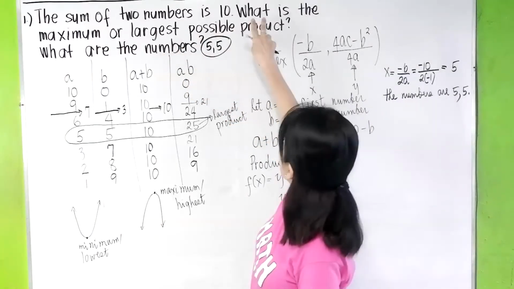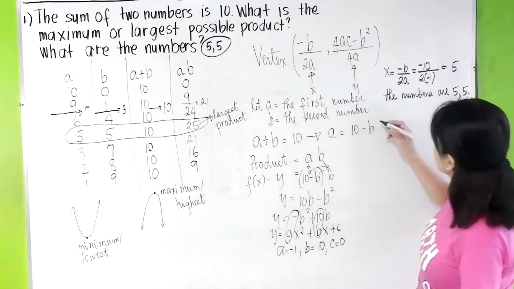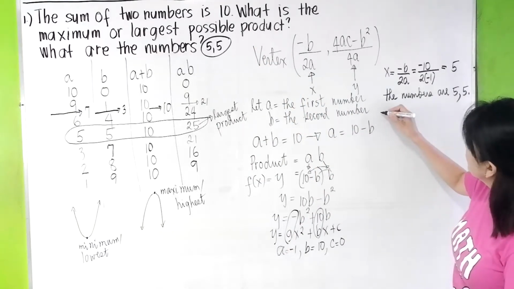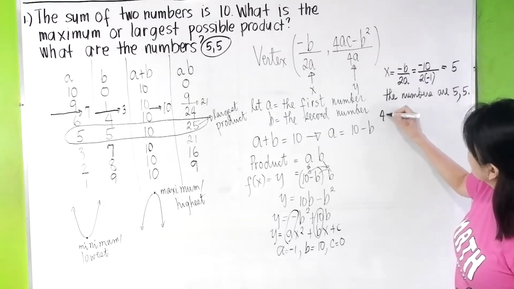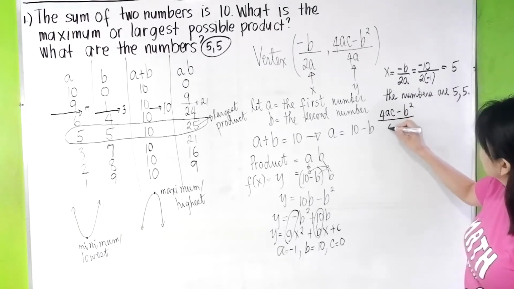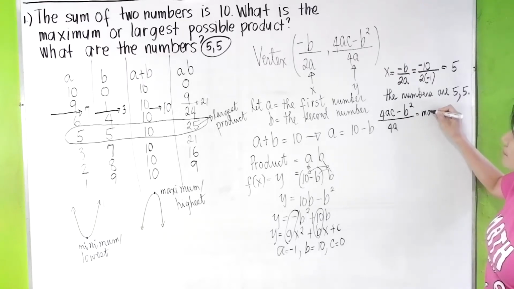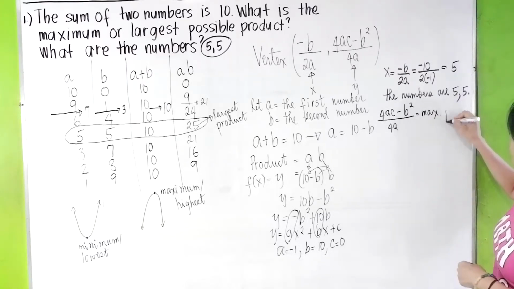Next question. What is the maximum or largest possible product? So we now use 4ac minus b squared all over 4a for the maximum product.